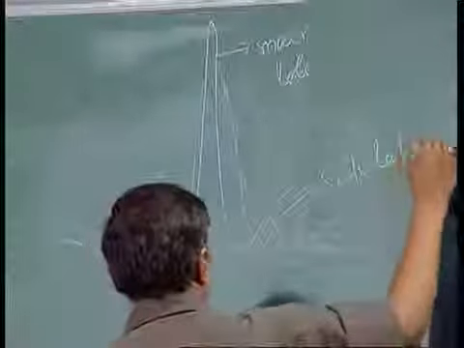Similarly, you can put a number of elements in a plane, like this is, let us say, x, this is y, this is z, then you have an xy plane. Now I will go on putting the antennas like this, then you have an antenna distribution not in a line but in a plane, and it becomes a planar array.